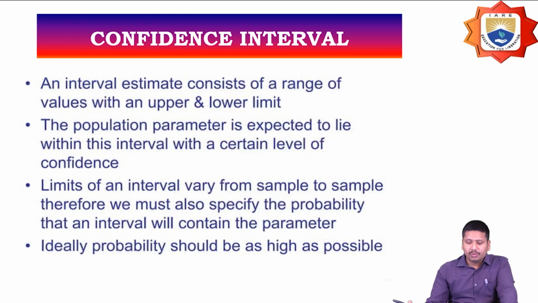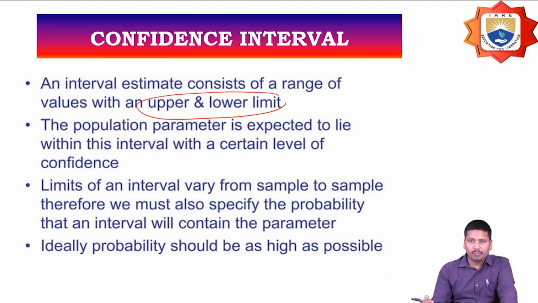The next one is the interval estimate. It consists of a range of values between an upper limit and a lower limit. The population parameter lies within this range with a certain level of confidence. The limits of the interval vary from sample to sample, and we specify the probability that the interval contains the parameter.